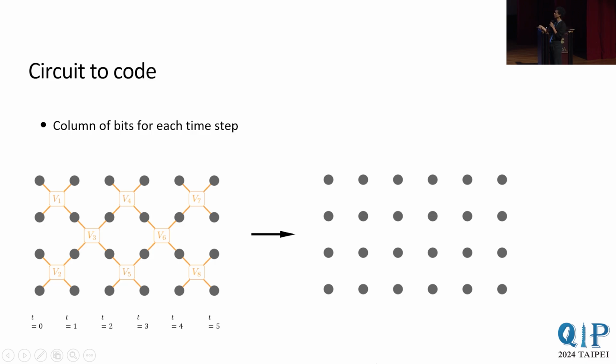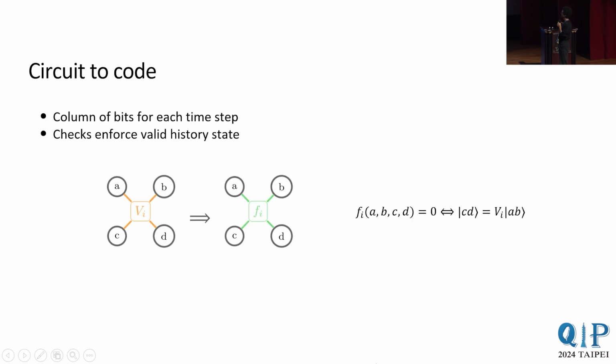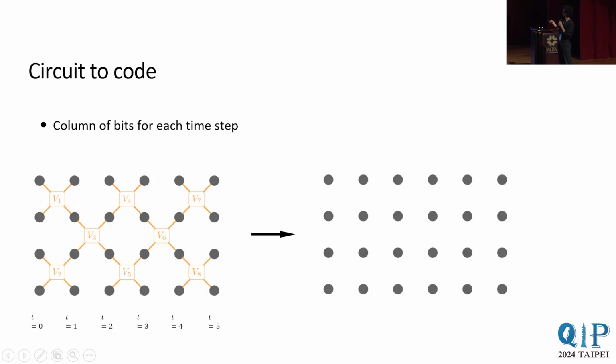So if it runs on m bits for t time steps, we're going to end up with m times t bits. Second, we want the code states to live on this lattice. We want them to be history states of this circuit.